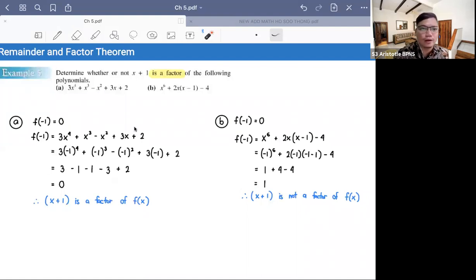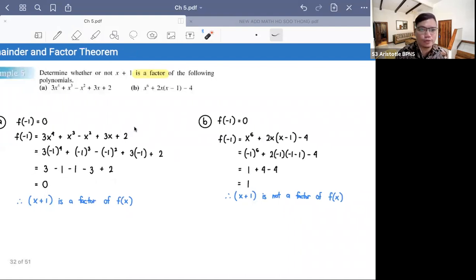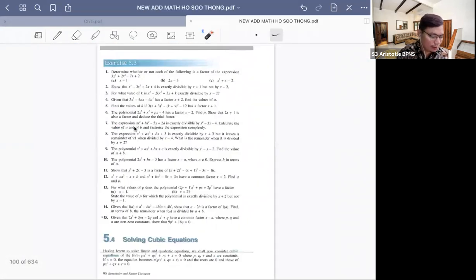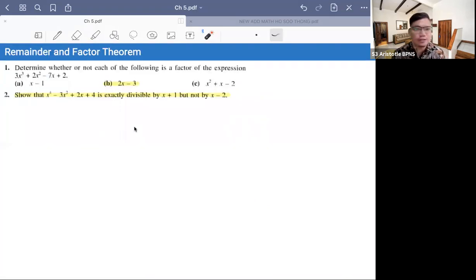So all right, please get your books. Can you please go to page 90? Please answer number 1B and number 2. For number 1, you just need to determine whether 2x minus 3 is a factor of 3x squared plus 2x squared minus 7x plus 2.